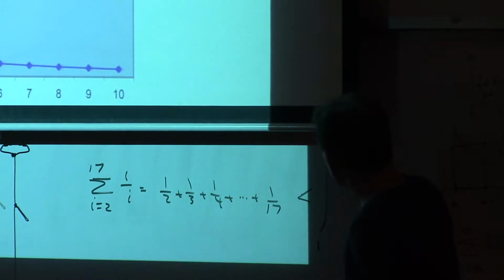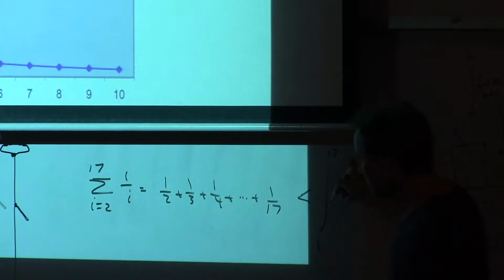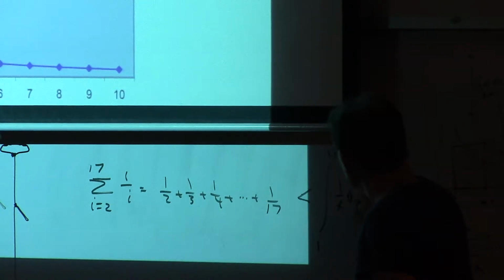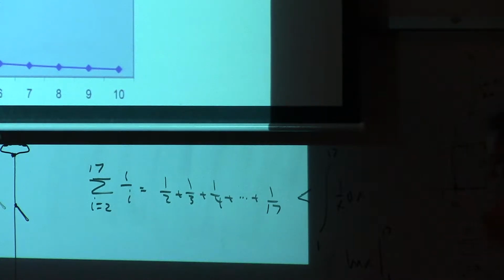So we back up from this index, keep this one the same, of 1 over x dx, which is equal to natural log of x evaluated from 1 to 17, which means it's equal to ln 17 minus ln of 1, which is ln of 17. Now, I don't know what ln of 17 is, but my calculator does. So I'll just type in 17, natural log, boom. It's about 3.1, 3.2.